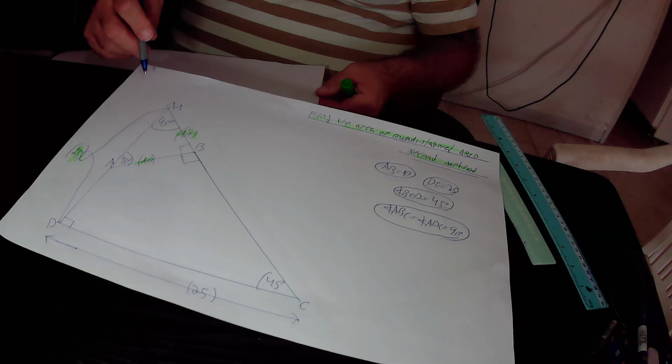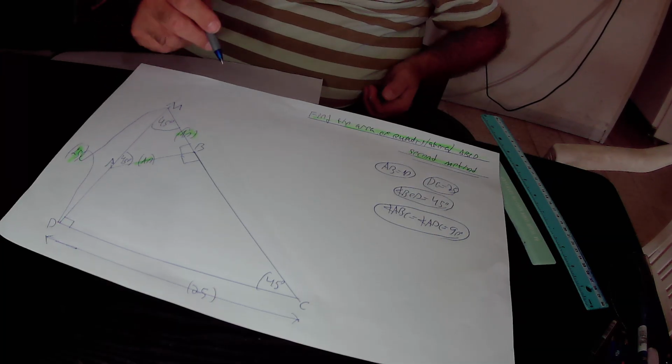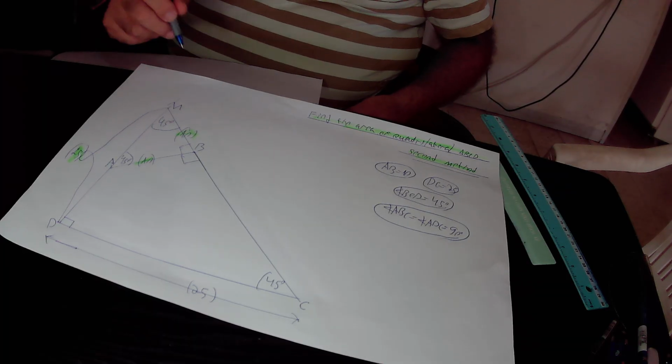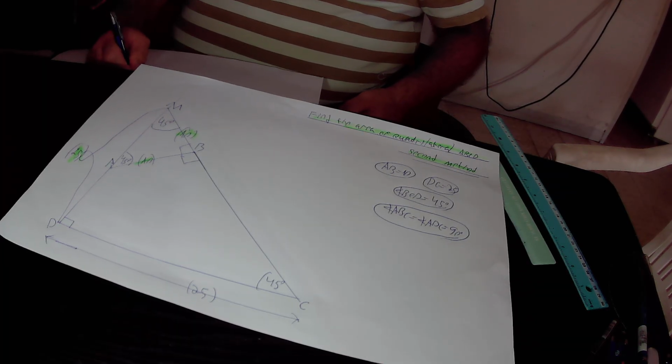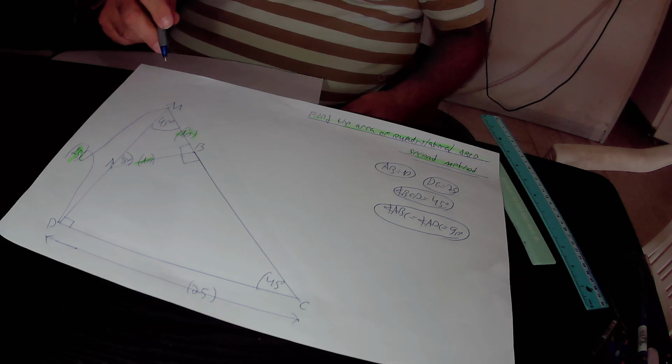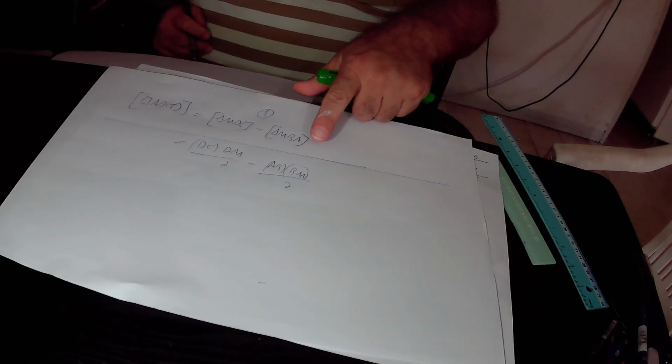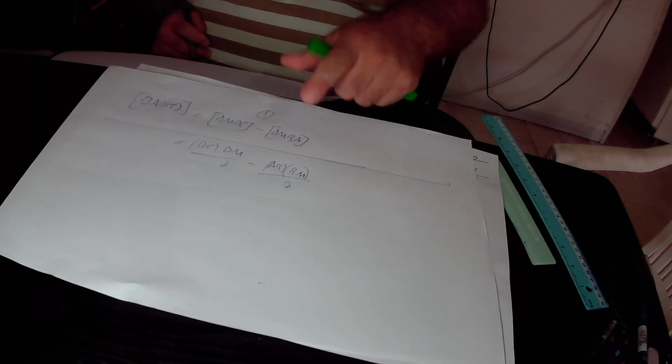The area of this small right triangle MBA equals the base AB times the height BM over 2.